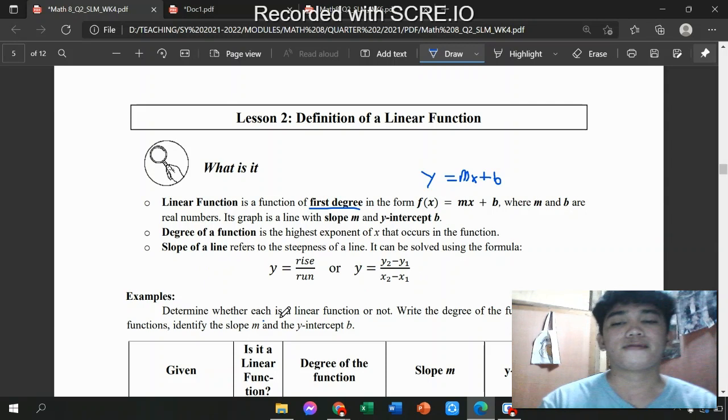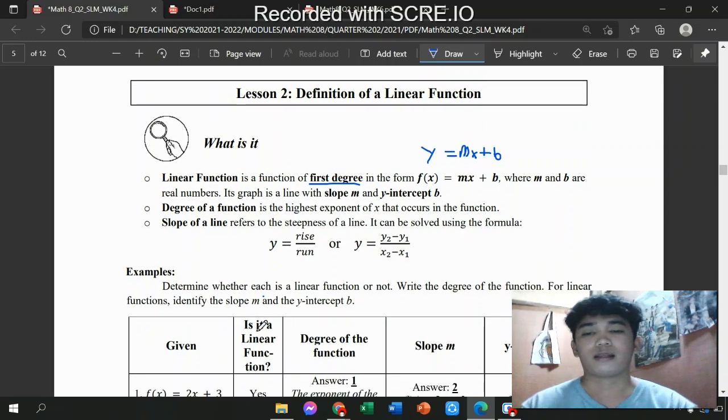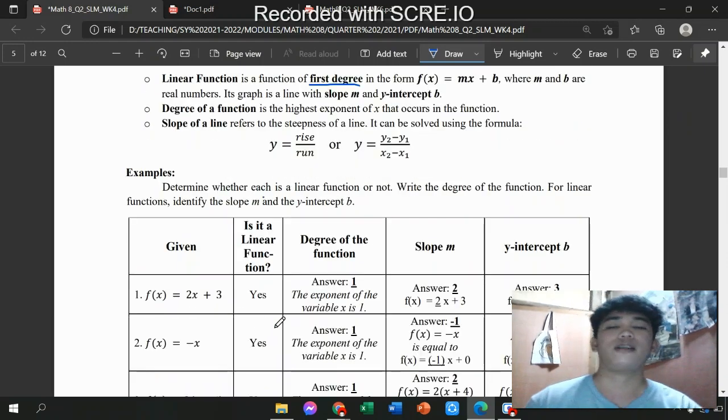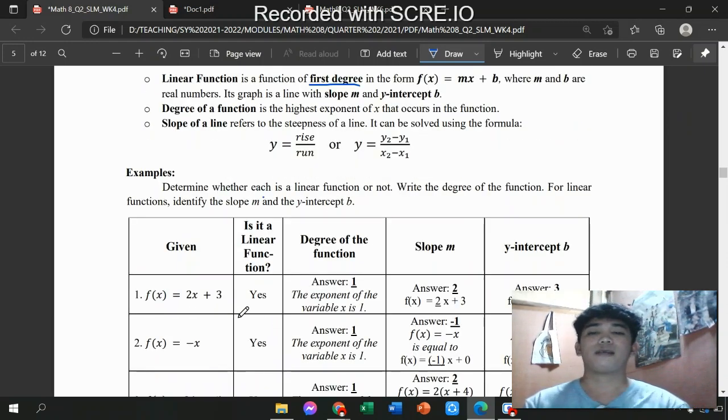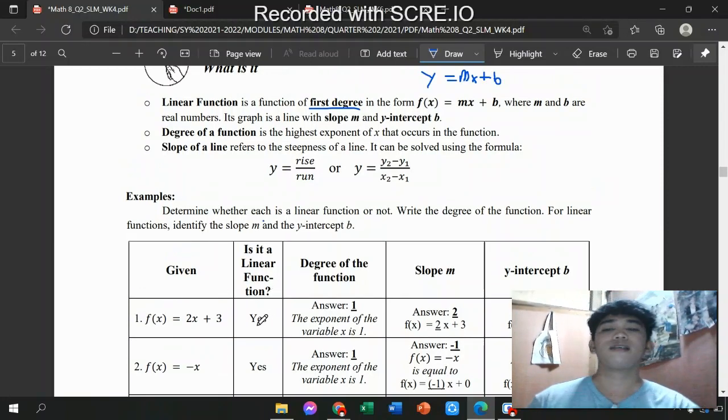So let us try to determine whether each is a linear function or not. So naa tay given nga mga function. Atong i-determine if linear ba ni sila or not. So let's have here number 1. F of x equals 2x plus 3. Is it a linear function? Yes. Nganong yes man?